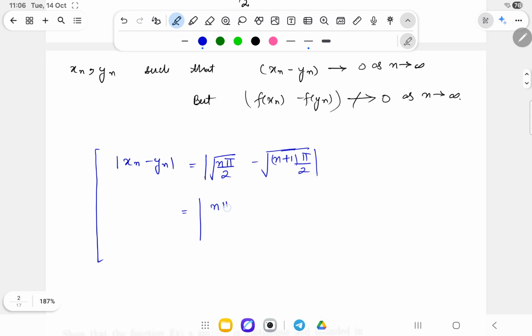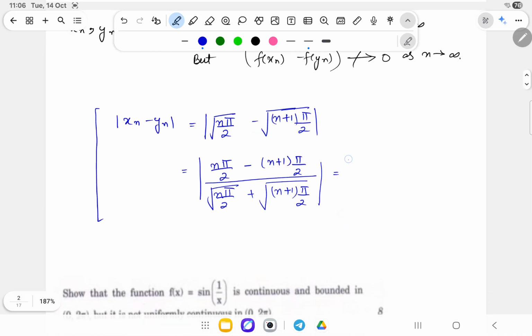I'll get n pi by 2 minus (n plus 1) pi by 2 divided by square root of n pi by 2 plus square root of (n plus 1) pi by 2, and it simplifies to modulus of minus pi by 2 divided by square root of n pi by 2 plus square root of (n plus 1) pi by 2.